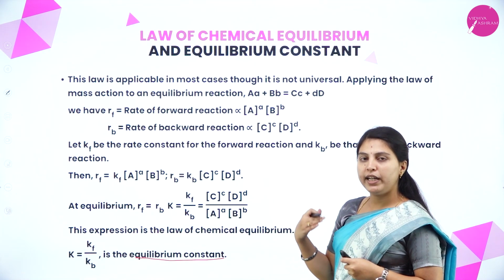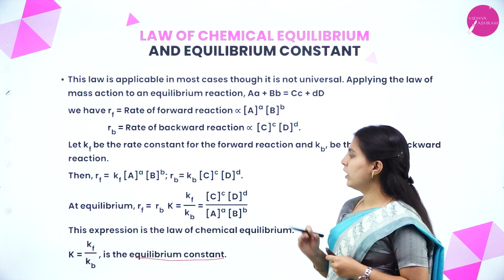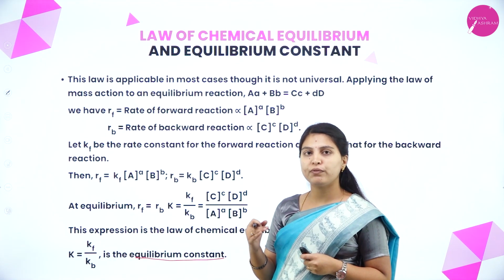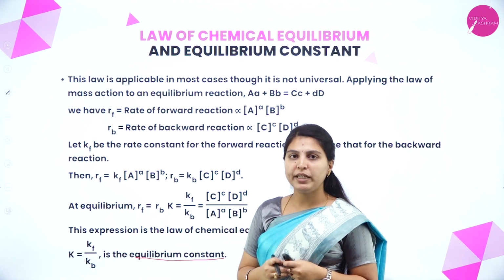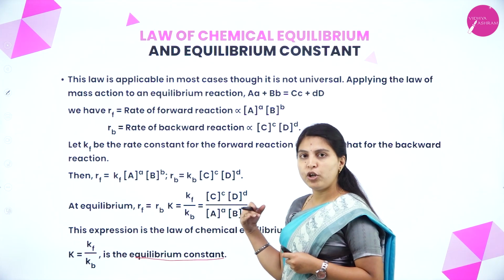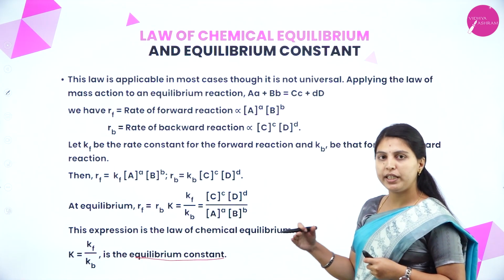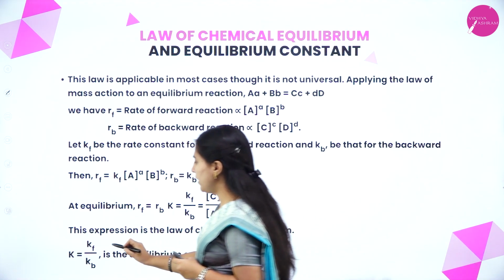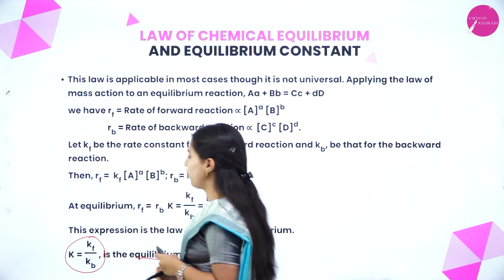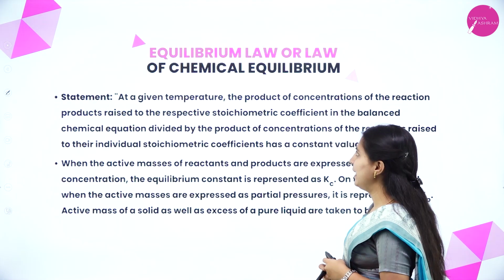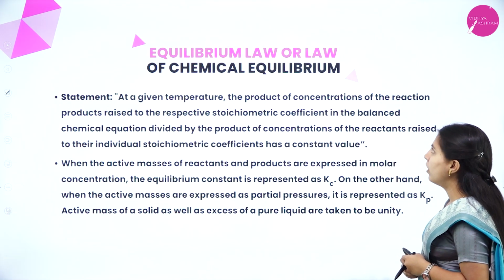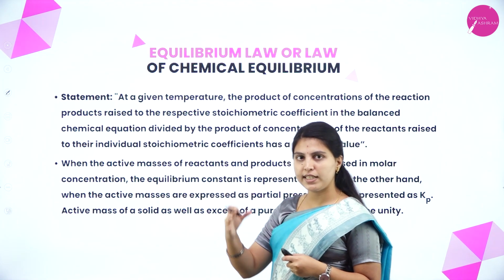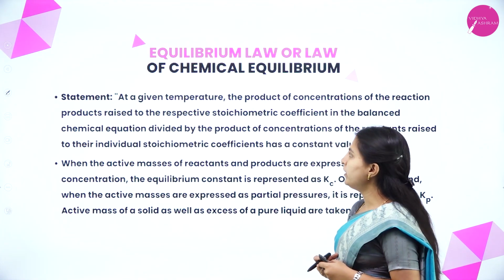Usually, when you are relating with equilibrium constant or rate constant, the molar concentration of the product will be in the numerator and the molar concentration of the reactant will be in the denominator. How will it be represented? By using this formula. Okay. Next, equilibrium law or law of chemical equilibrium. What is that statement, after analyzing so many points?